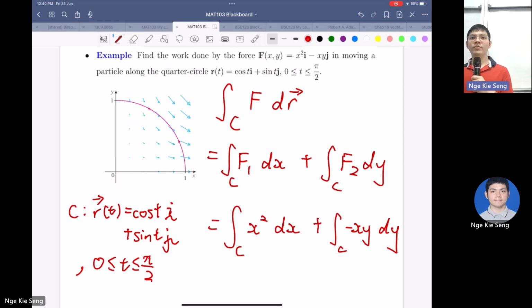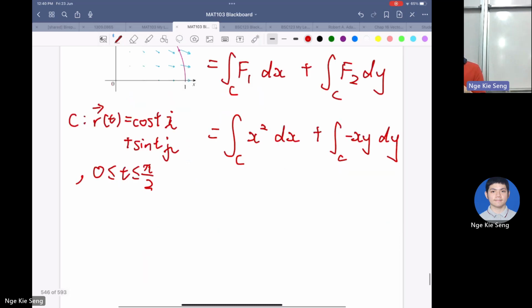Remember how we compute this just now? In line integral with respect to dx, line integral with respect to dy, how do we compute this? We need to have the parametric equation first, for x(t) and y(t).